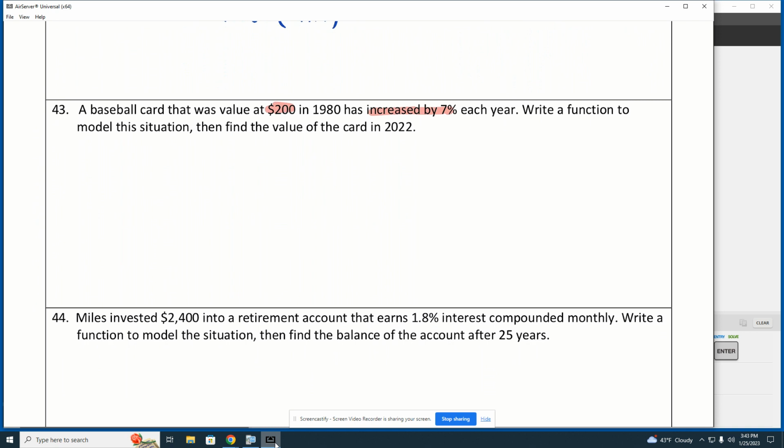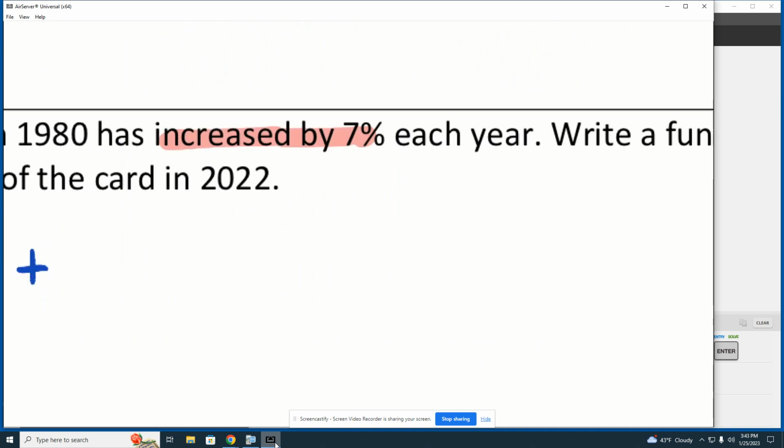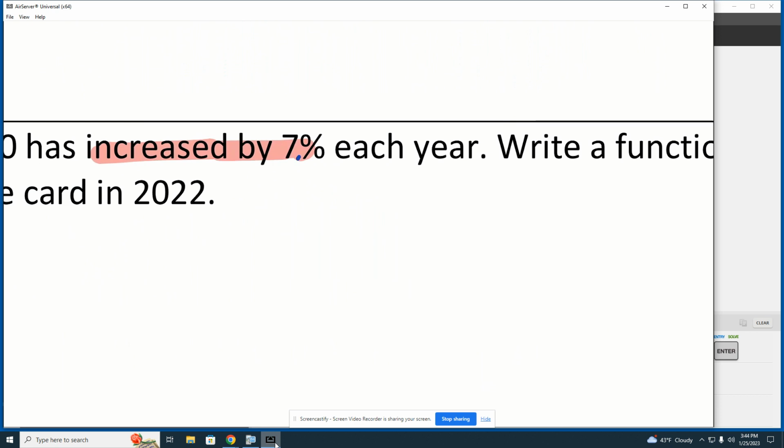Well, guys, once again, this is appreciation. So A equals P, 200, times 1 plus the rate, 7%. Look, if 7%, if the decimal is understood to be there, I move it 1, 2 to the left.